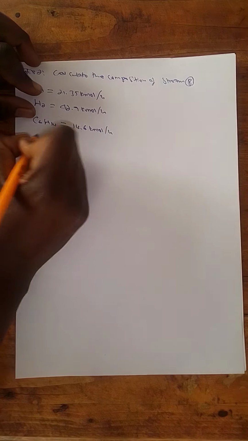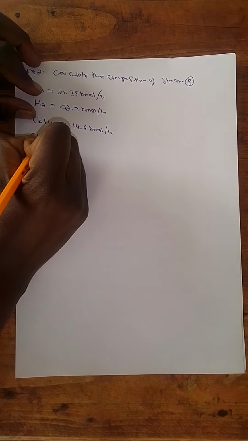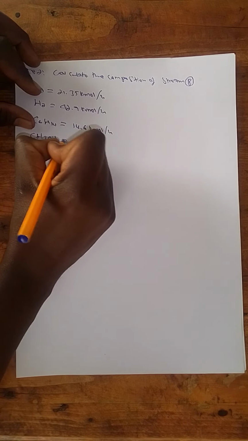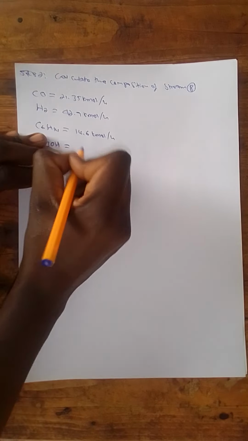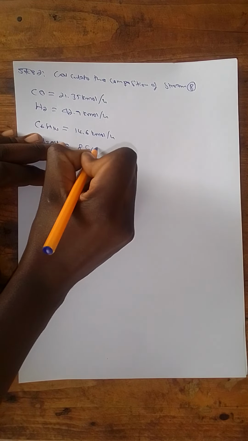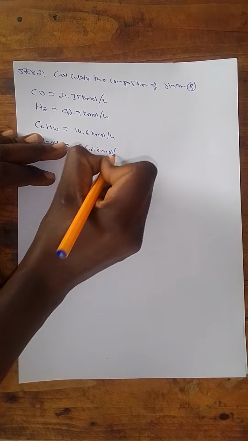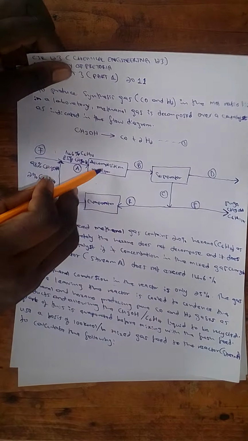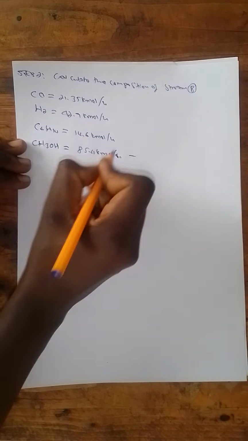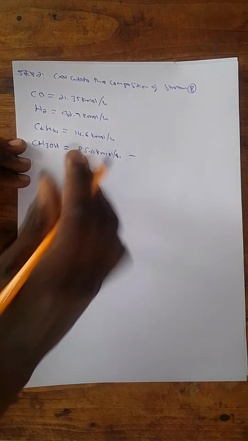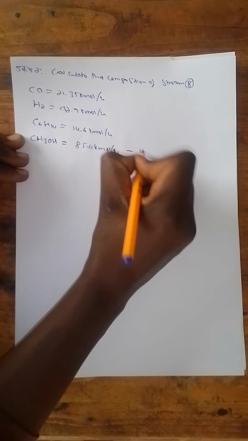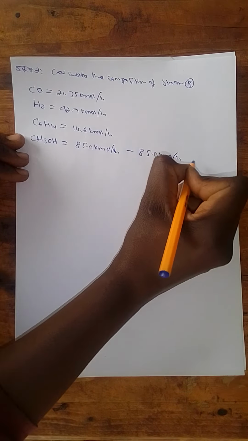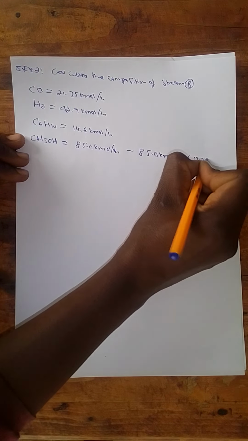And now, CH3OH is actually equal to 85.4 kilomole per hour. That is the amount of kilomole that came into the reactor minus what reacted, because remember we are told that 25% of this did react. So it's 85.4 kilomole per hour multiplied by 0.25.